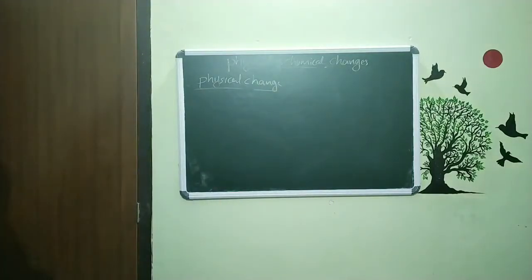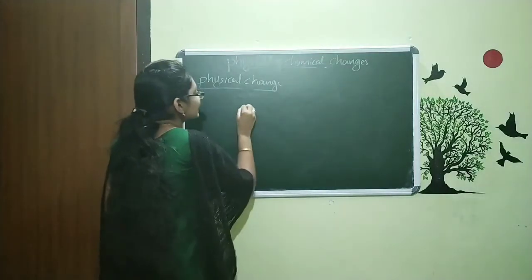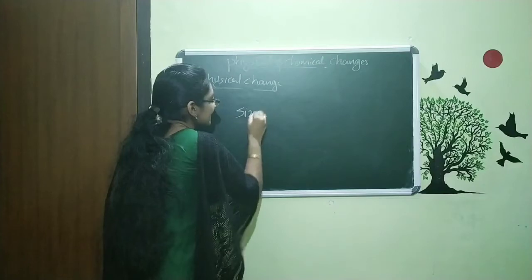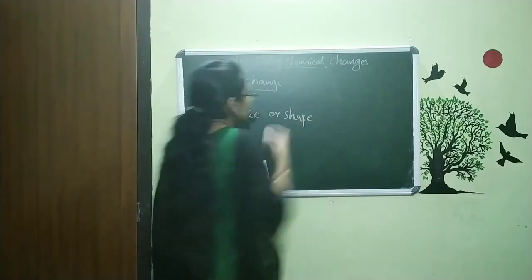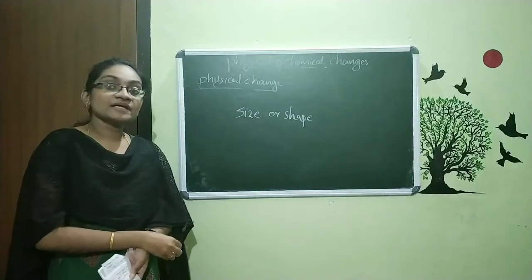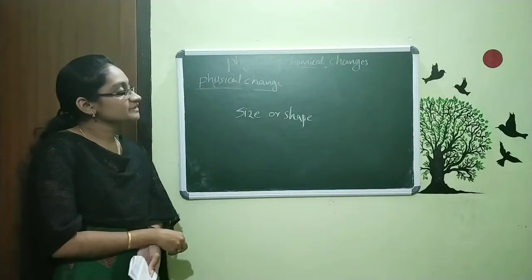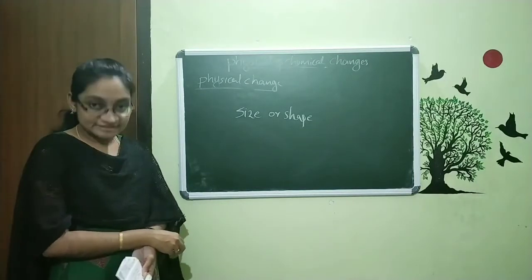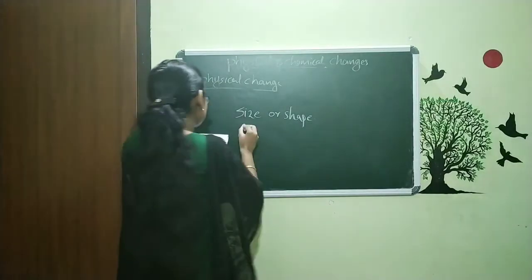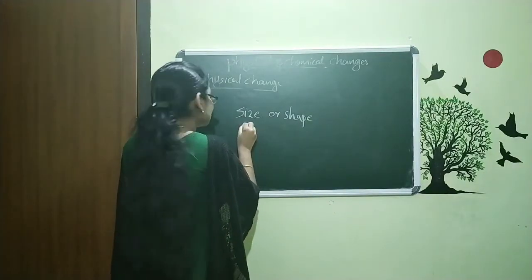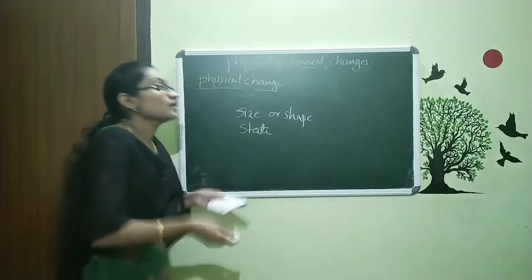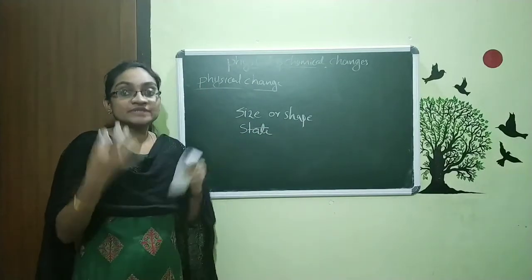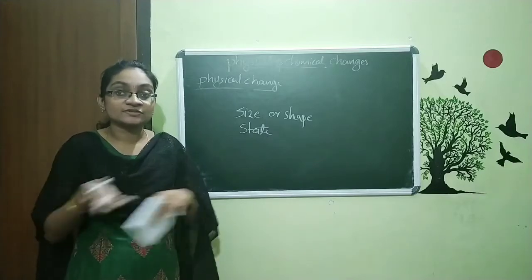In the first example, you observed that there occurs a change in size or shape. With the example of the paper and the chalk powder and all, you observe the change in size or shape. And in the second example, we observed the change of state. That means the solid is getting converted to liquid, liquid to gas, gas to liquid.